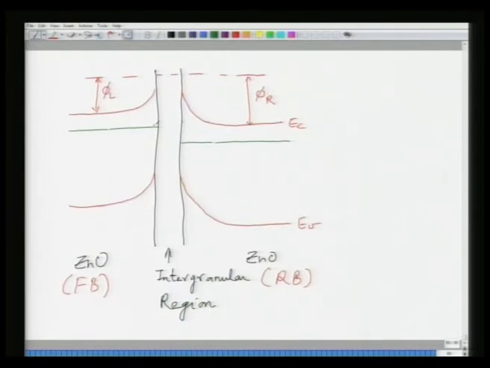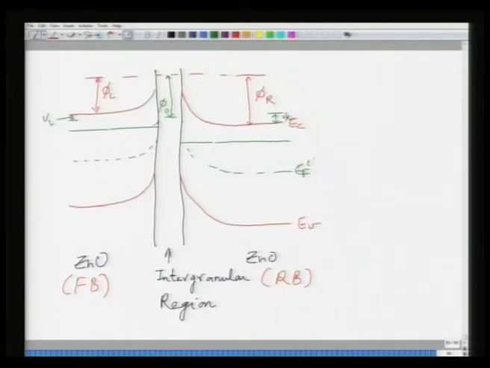This is your intergranular layer, whose work function is, let us say, phi naught, and the bias on the right side is V R, and the bias on the left side is V L. And of course, you can plot the intrinsic level, which would be like this. So, this would be E F I. Okay. So, what happens here is in the intergranular region you have filled acceptor states.